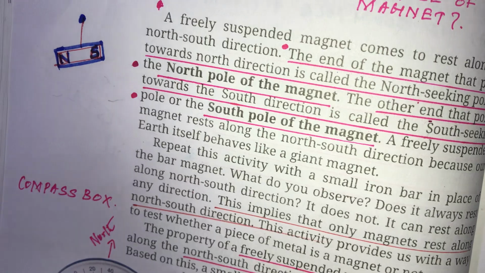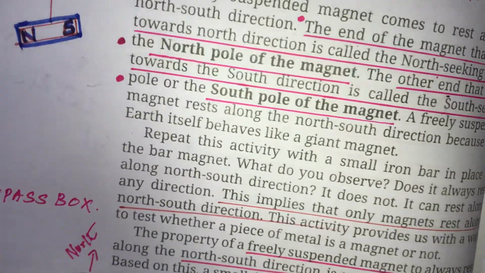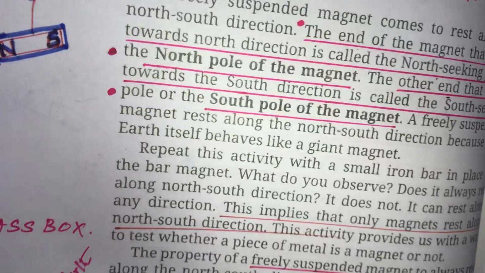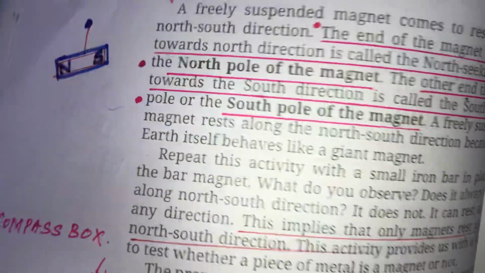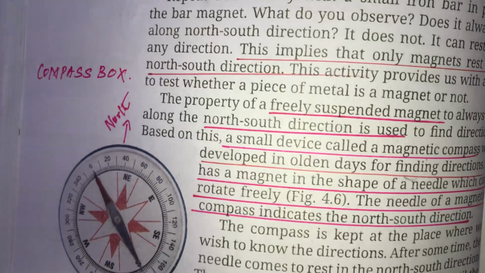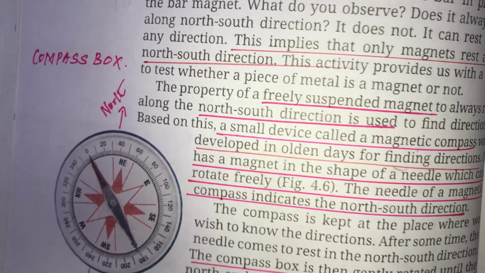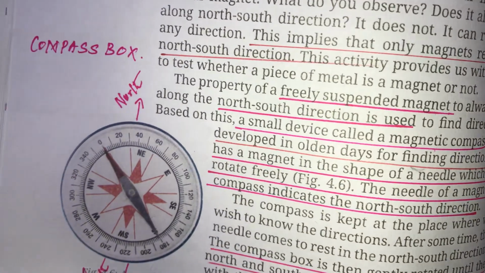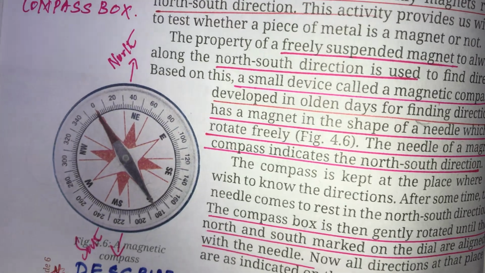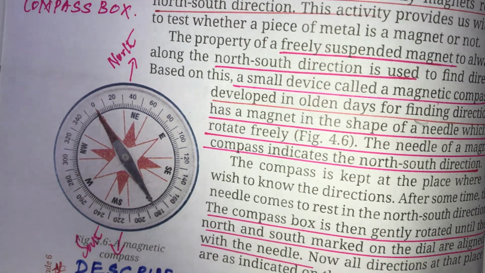This implies that magnets rest along the south and north direction. With this property of a suspended magnet, directed towards the south and north direction, as the basic principle, the compass box is made to find the south and north direction in any place.